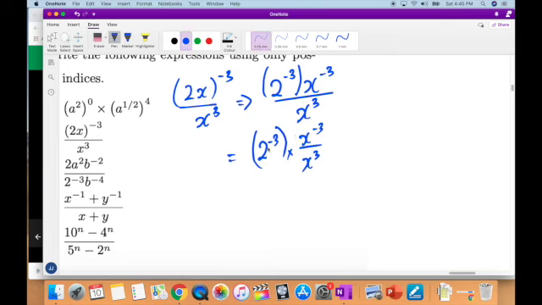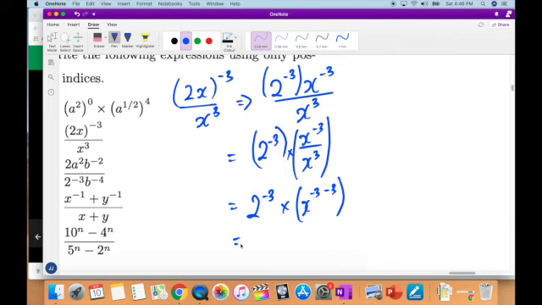Yeah. So now that we separated that 2 to the power of negative 3, we could apply the rule to this. So we have the 2 to the power of negative 3 on this side, and that's being multiplied by, in this bracket, x to the minus 3 minus 3. Would you agree with that? And when you're dividing, you just subtract the indices. Yes.